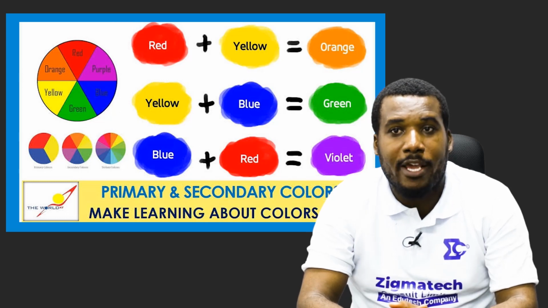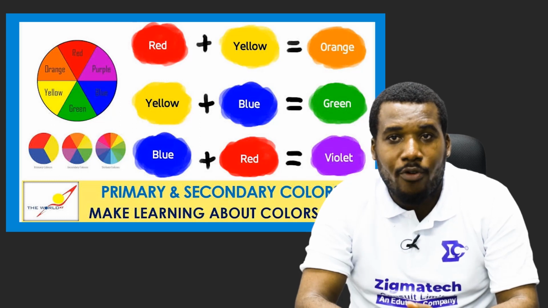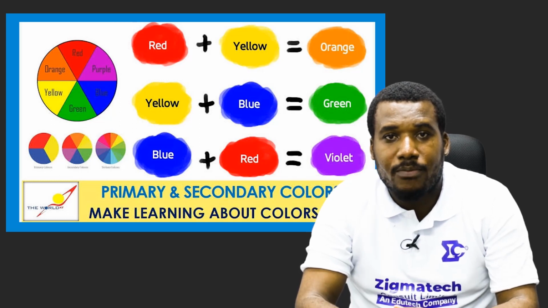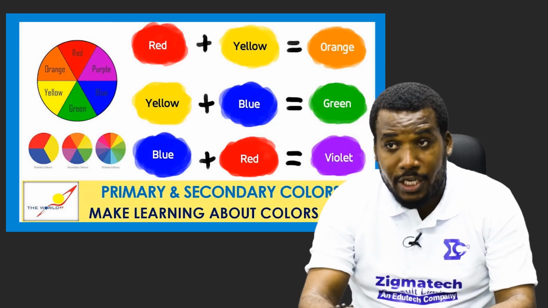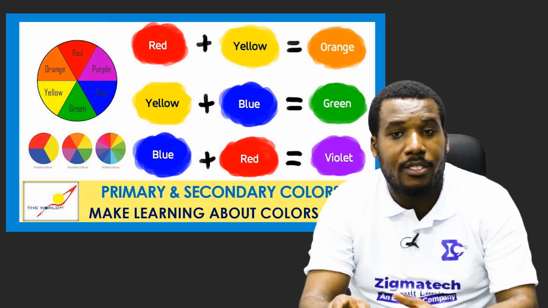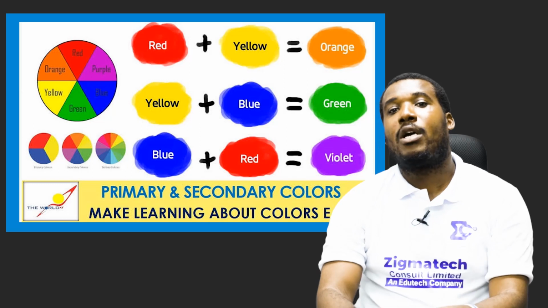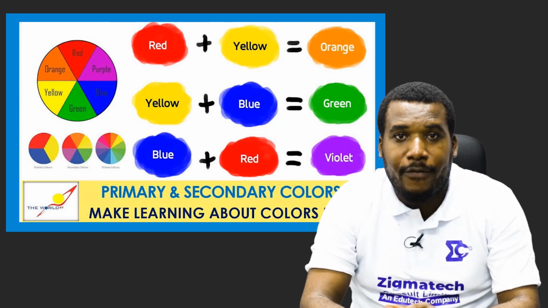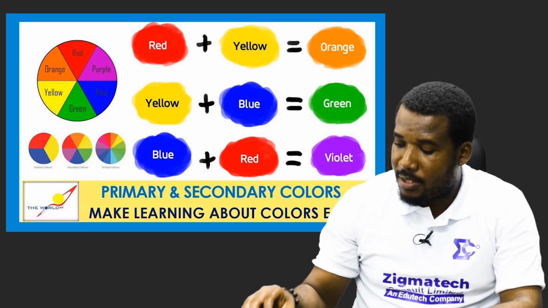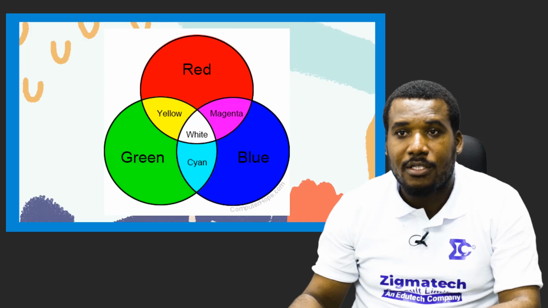If you remember, we talked about ROYGBIV, where we had the red, orange, yellow, green, blue, indigo, and violet. Now six of them are here on your screen, but indigo is not here. Take note, indigo is one of the tertiary colors you get from the mixture of secondary colors. Tertiary colors are colors you get from mixing secondary colors.